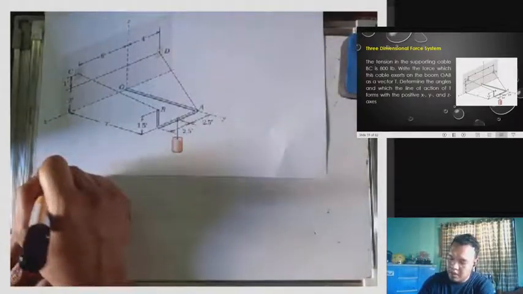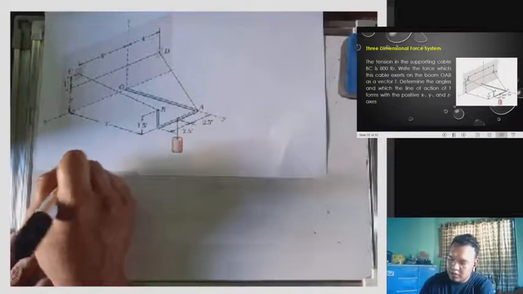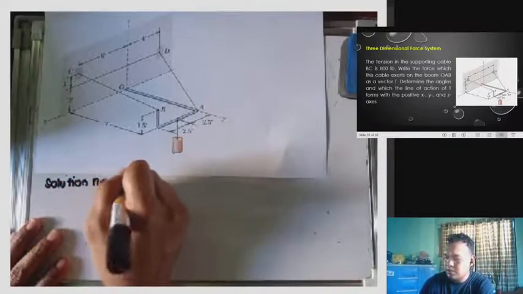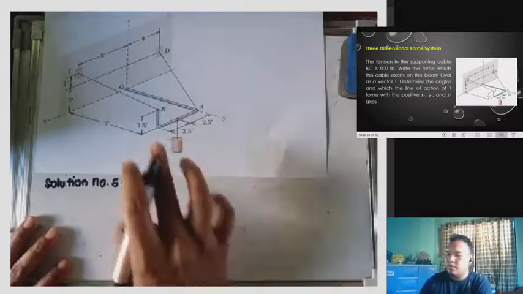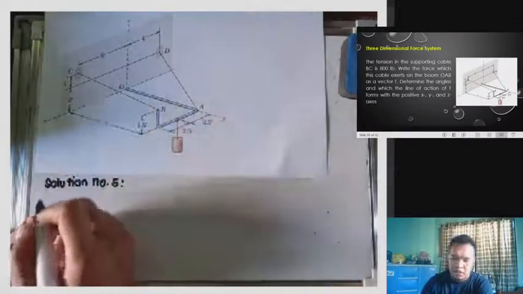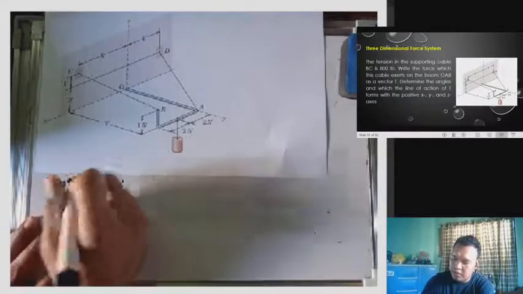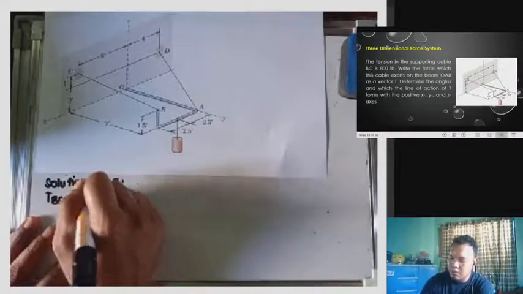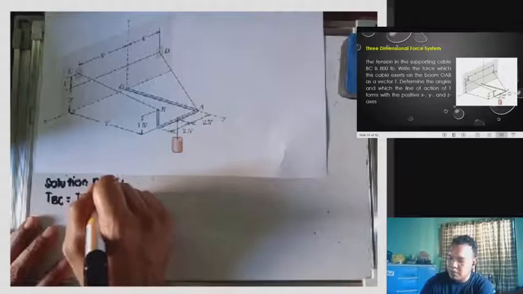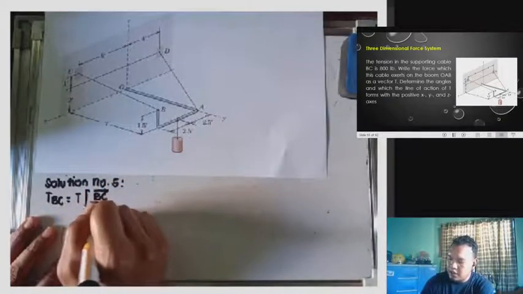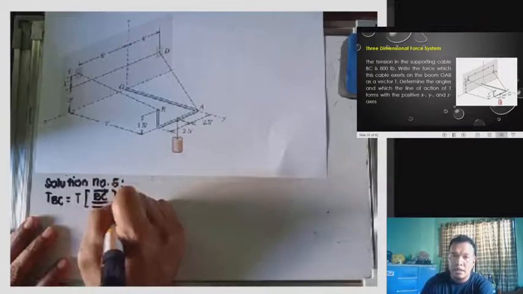Okay, solution number 5. We have here CD. So, BC pala. TBC is equivalent kay T multiplied by segment BC all over line BC.